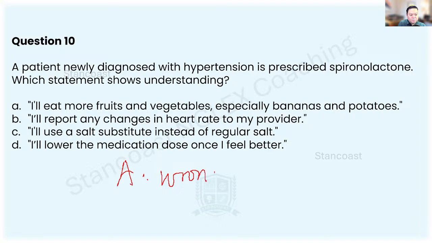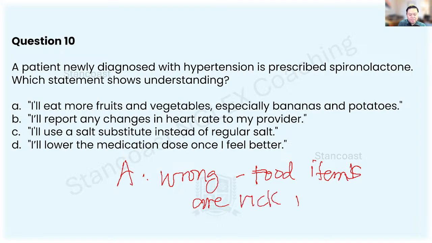Wrong. Food items are high in potassium, are rich in potassium. Something is wrong with my brain today. My brain-hand coordination is bad. Food items are high in potassium. Can we just simplify that?